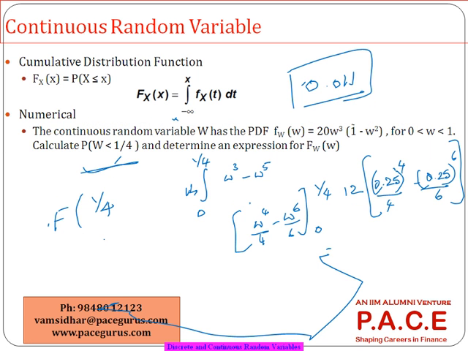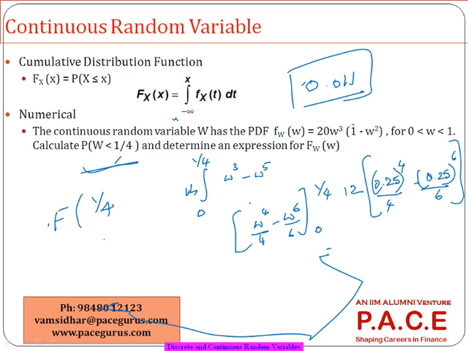So first, you need to be comfortable with these kinds of calculations for both discrete and continuous. Two things. First, identify whether the distribution is discrete or continuous by knowing what possible values the random variable can take.